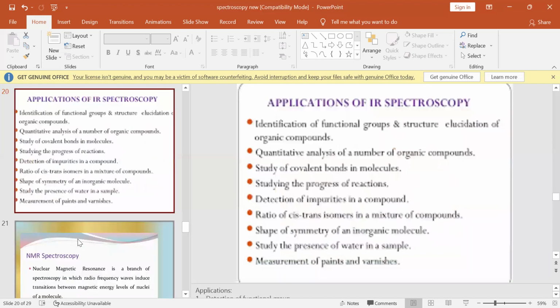Next comes applications of IR spectroscopy. It is widely used to detect functional groups in a molecule. It is used to study covalent bonds in a molecule.